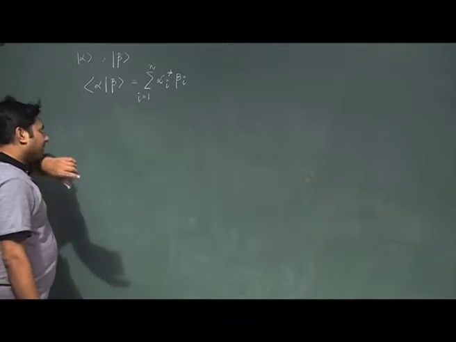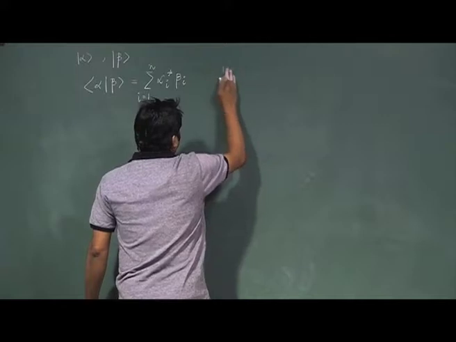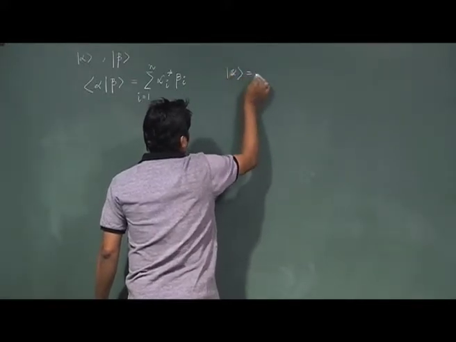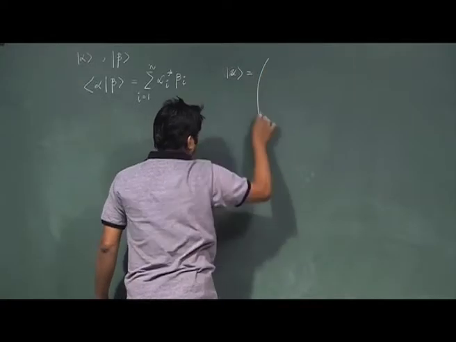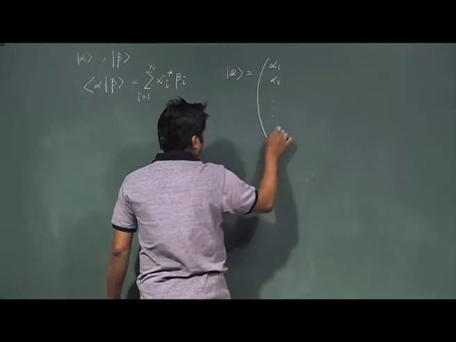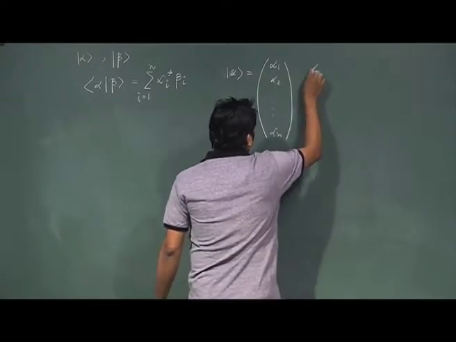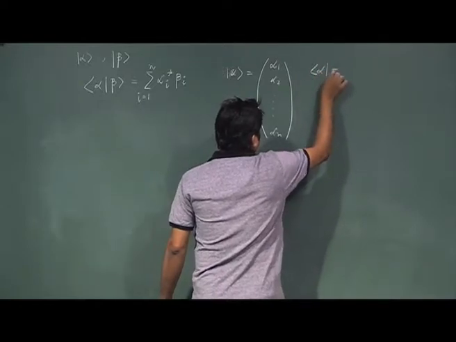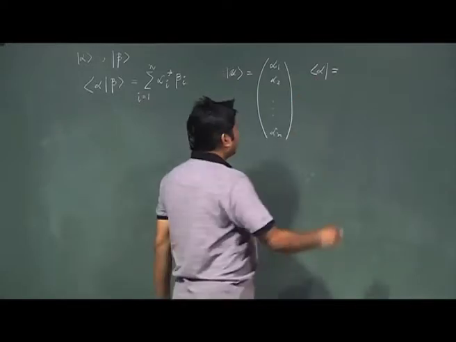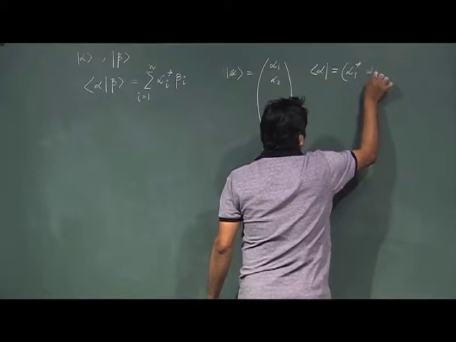Now, another important thing we also mentioned in the last class: in n-tuple notation, this structure is alpha 1, alpha 2, alpha n, and when I make this structure in the dual space, it will convert to something like this.